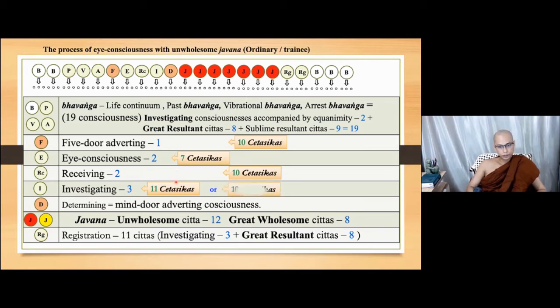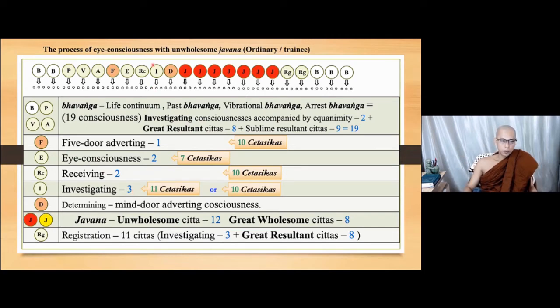Then, of 10 Chittasika, because the investigating can be different in the accompanying feeling, one is accompanied by joy, and two are accompanied by equanimity. When the investigating moment is accompanied by joy, somanasa santirana, you already know in the rootless consciousness.